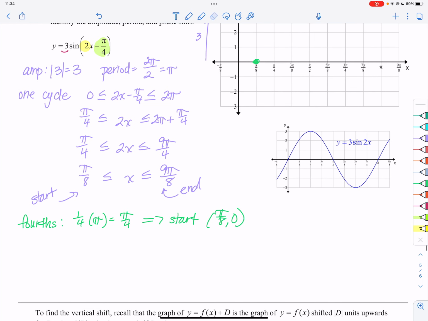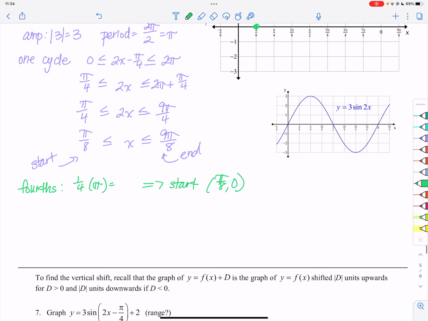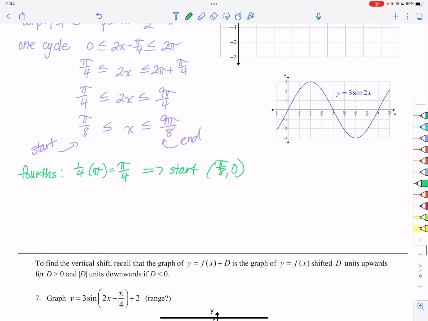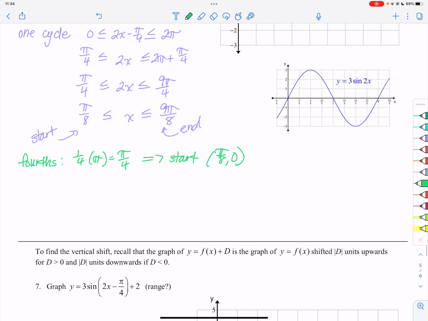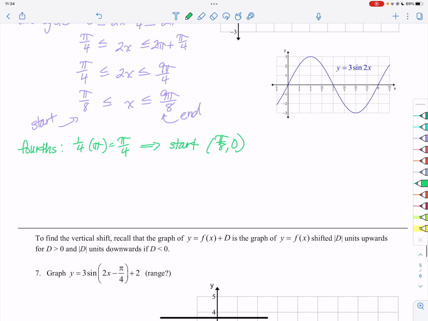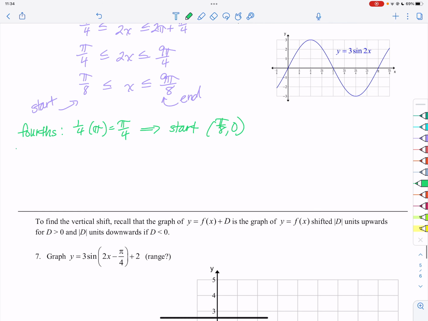And this should have been pi over 8, sorry. Okay, so our fourths are pi over 4, and with that we are going to start at pi over 8, 0. So let's begin with our first step.